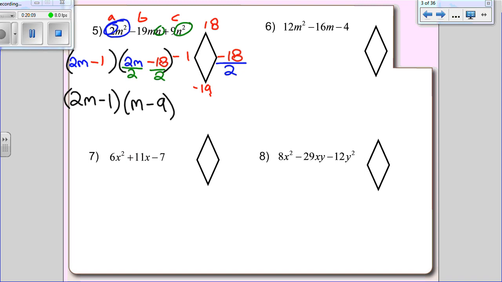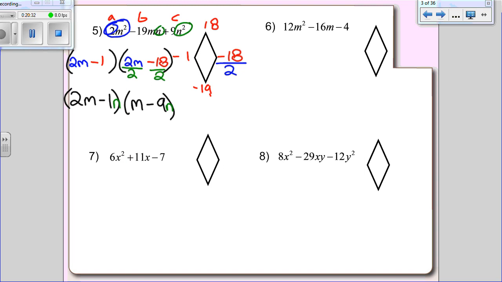So if I ever want to create n squared, instead of putting minus 1, I'm going to put minus 1n. And instead of minus 9, I'm going to put minus 9n. And what that's going to do is it's going to create my n squared, and it's going to create my mn's, from when I do 2m times 9m, and that would fix it.